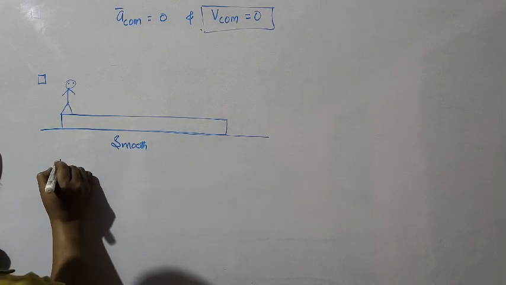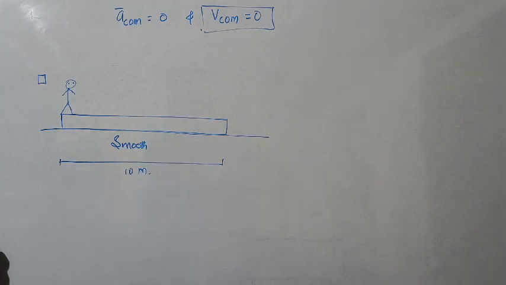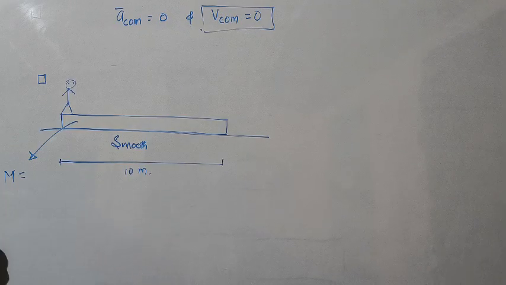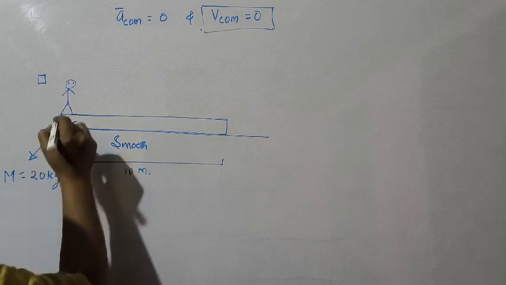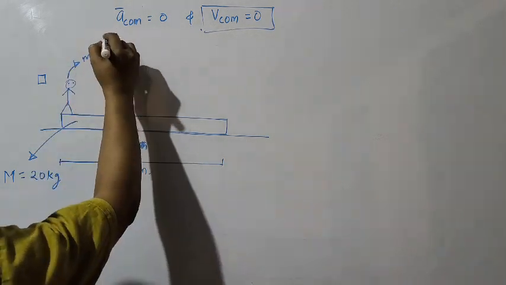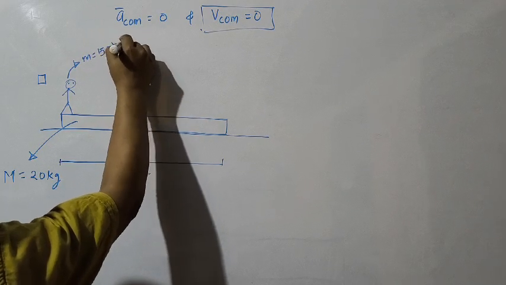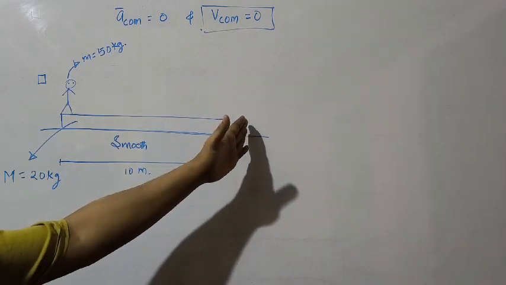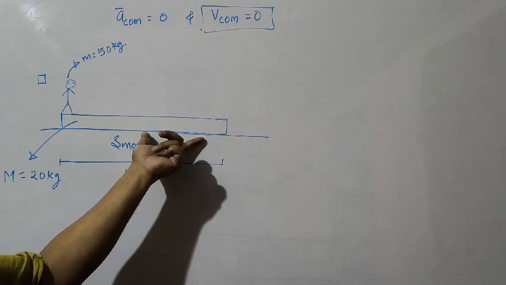Let's say the length of the plank is 10 meter, the mass of the plank is capital M equal to 20 kg, and the mass of the person, small m, is equal to 50 kg. The question is, when this person reaches this end, how much distance will the plank shift?